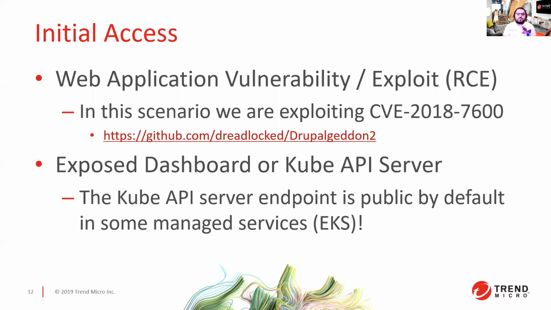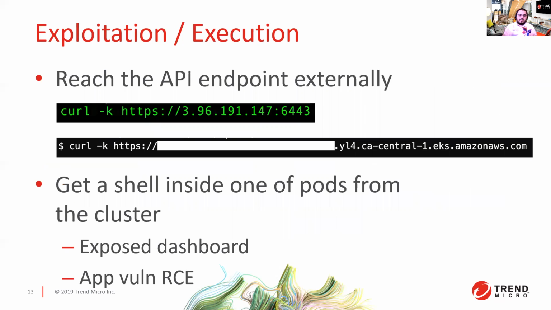Another issue is with the Kube API server: if that is exposed and doesn't have the proper configurations, then you can reach the API server, sometimes even without authentication, right? So by exploiting this CVE, we get a shell inside the cluster, inside the pod, right?